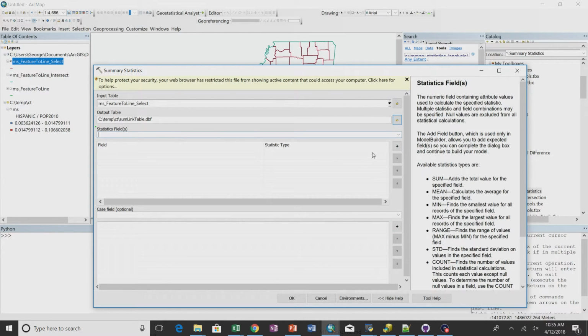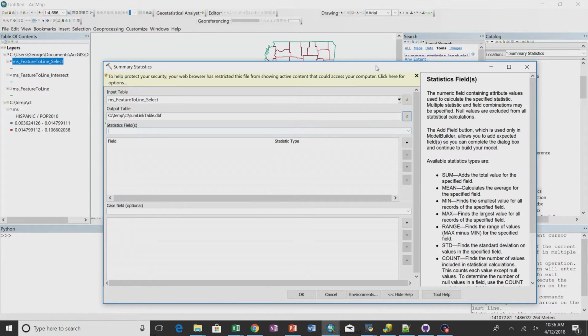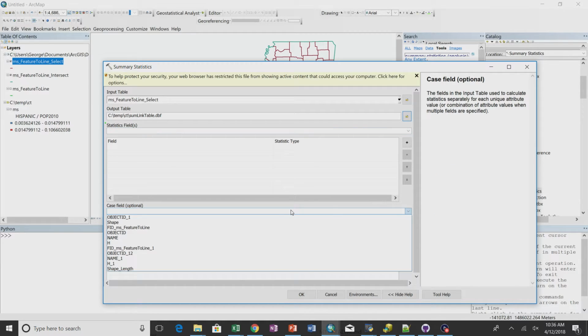And then the statistics field that I want to summarize actually also doesn't really matter. We're collapsing everything based on a case field, so the case field does matter. It doesn't matter whether we do name here or name one here, but we need to select one or the other.